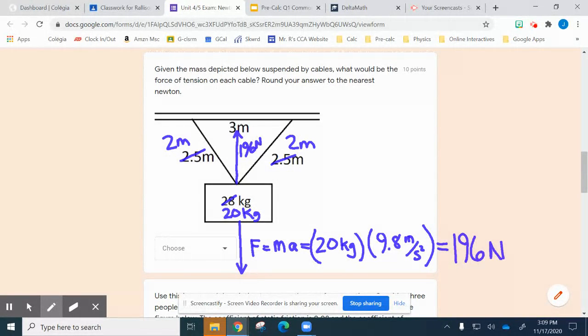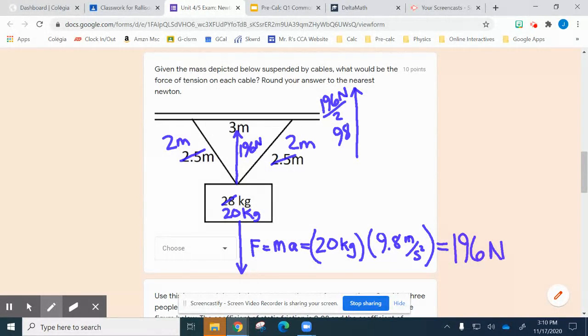So we're going to think of this as a triangle. Here's the actual force, and it's going to be 196 newtons divided by 2, because each string is only holding up half of the force. 196 divided by 2 equals 98. So that's 98 right there.